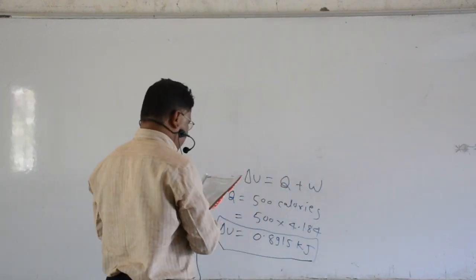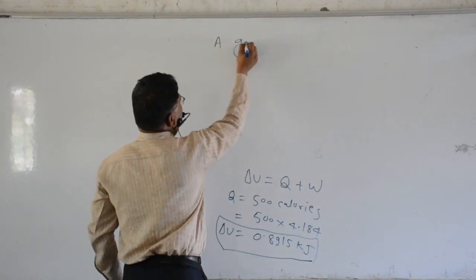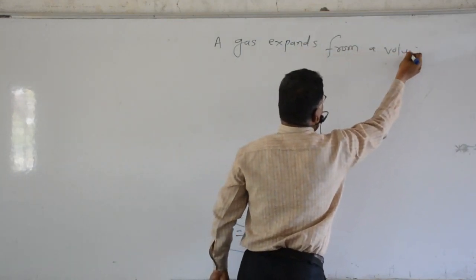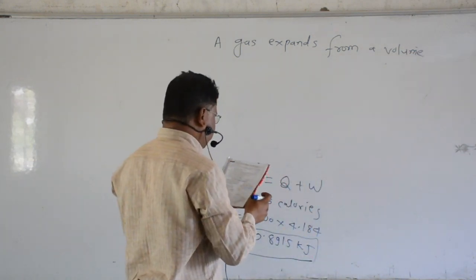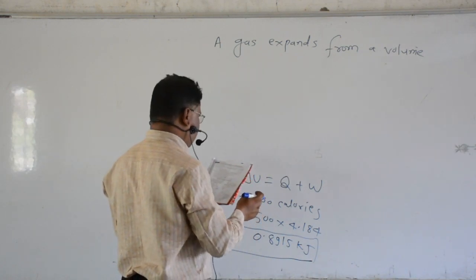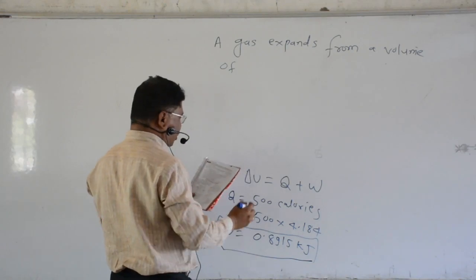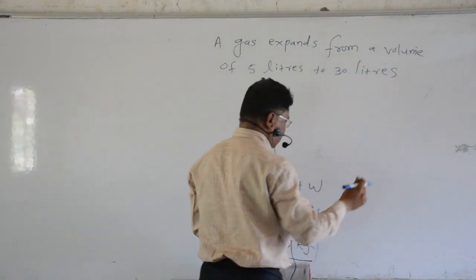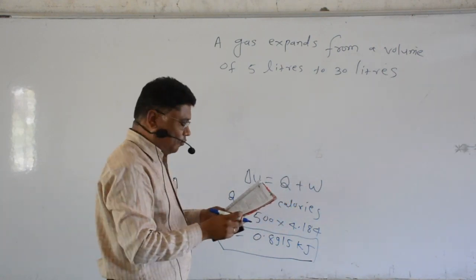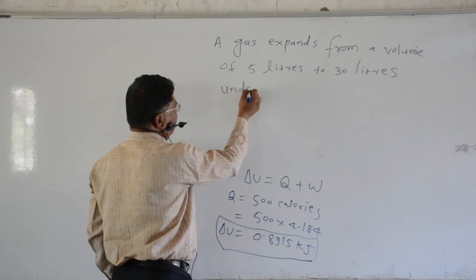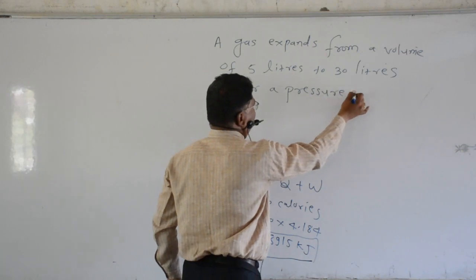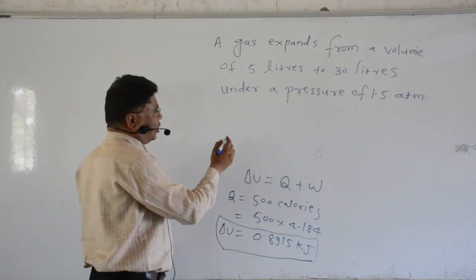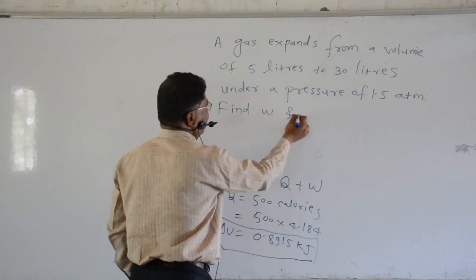For homework, next problem: a gas expands from a volume of 5 liters to 30 liters under a pressure of 1.5 atmosphere. Find W and delta U.